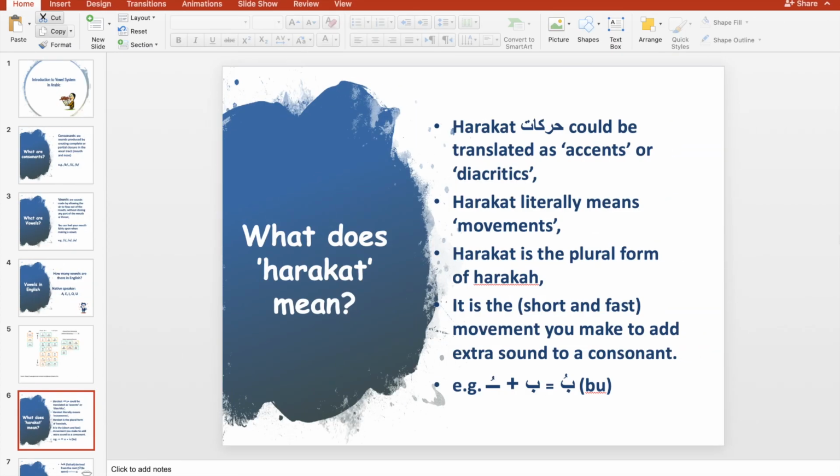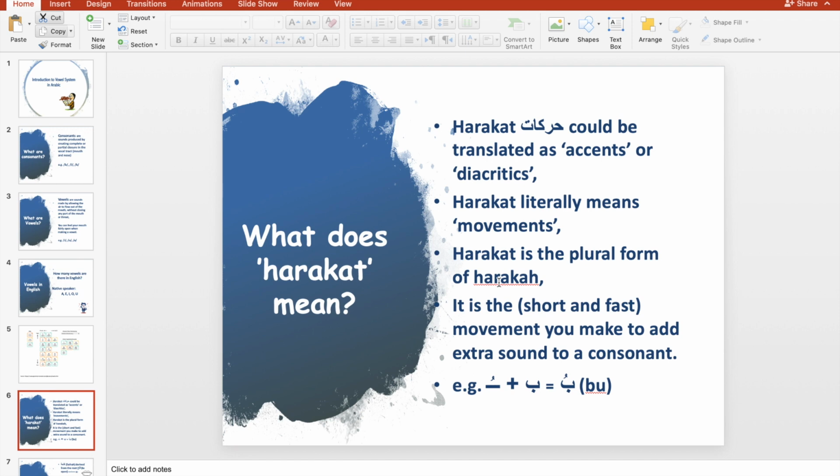Now, let's move to some terms you hear when you start learning Arabic. Harakat. Harakat is usually translated into English as accents or maybe diacritics. Harakat literally means movements. Harakat is the plural form of haraka. So harakat is plural, haraka is singular.